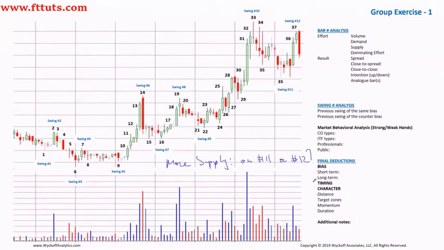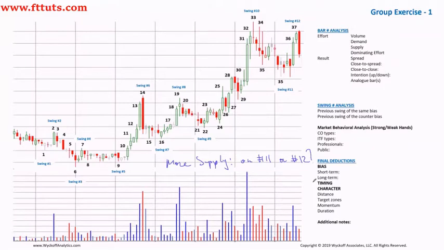Well, I would say that possibly number 11 has more supply because of that long tail up to the top, but it's closed right at like 50% or lower.